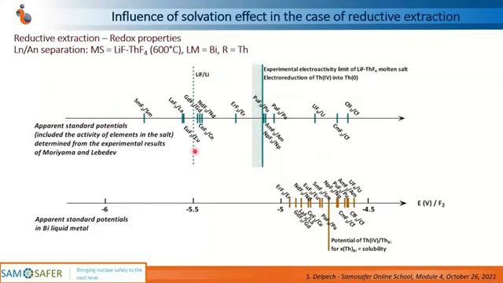The lanthanides are over this limit, and then they cannot be reduced in the molten salt. But when we look at this redox potential in a bismuth liquid metal, we observe a strong shift of all these potentials to the highest values, that is due to the solvation effect on the reduced element. And in this case, we can consider the possibility to do reductive extraction of both actinides and lanthanides in lithium thorium fluoride salt.